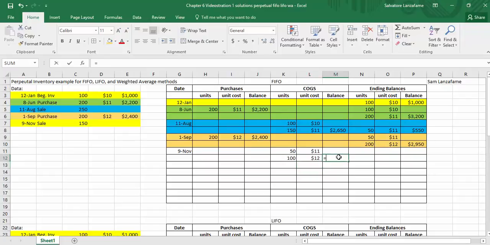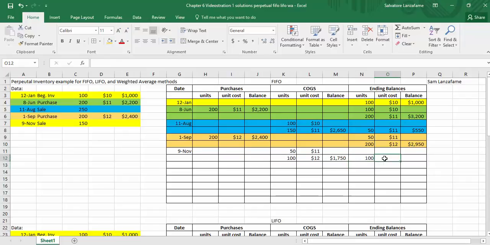So that's going to give us cost of goods sold for this particular transaction of $1,750. In terms of my ending balance, I no longer have the $11 group. I just have 100 of the $12 group. So how did I get 100? 200 minus the 100 I got rid of.